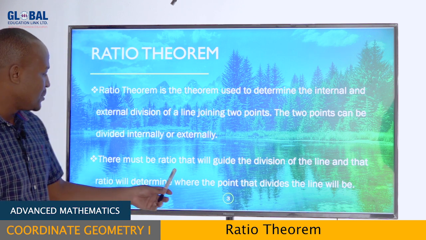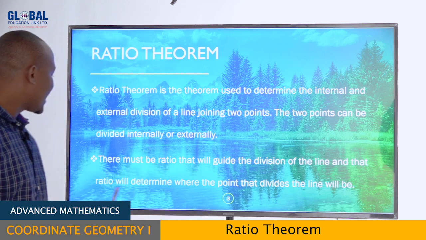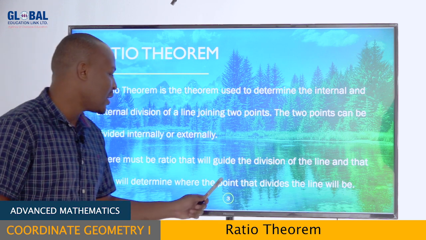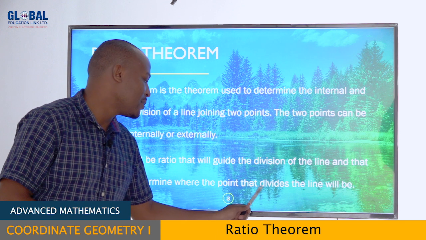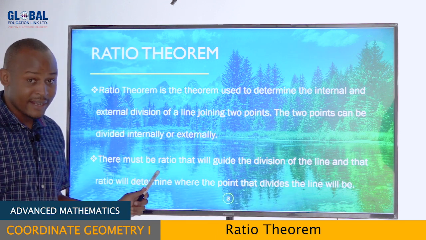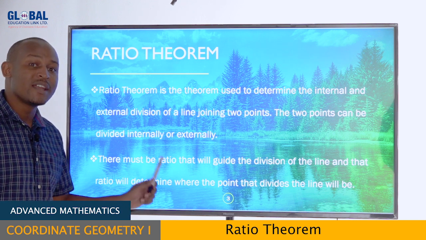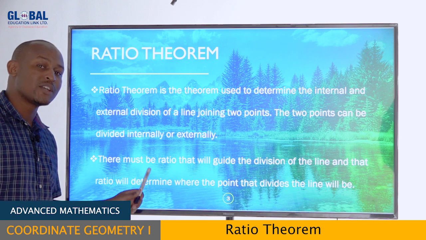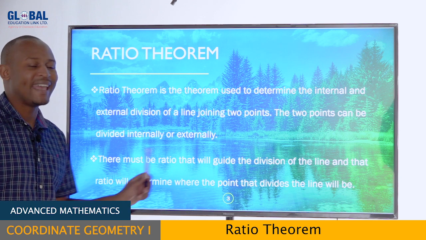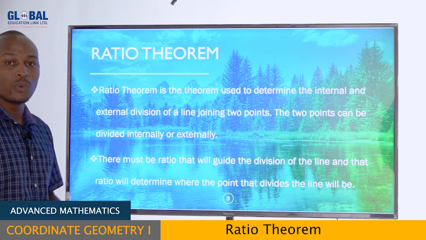That ratio will determine where the point that divides the line will be. That means this point that will divide that line will depend very much on the ratio that will guide us when we are trying to divide that line, either internally or externally. So let's see how it will look like.